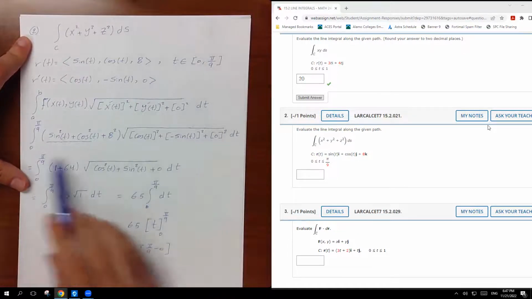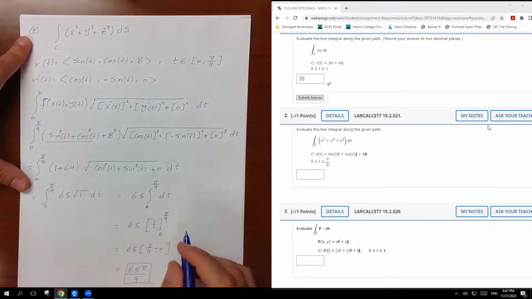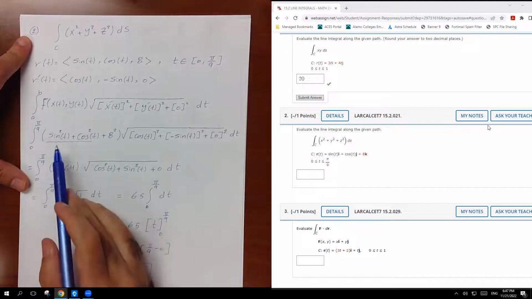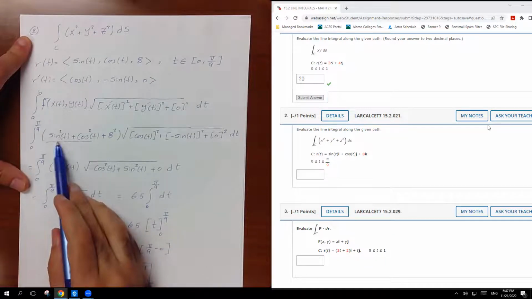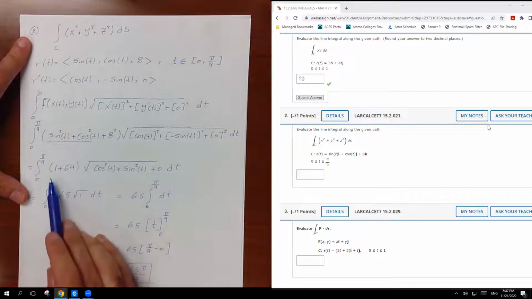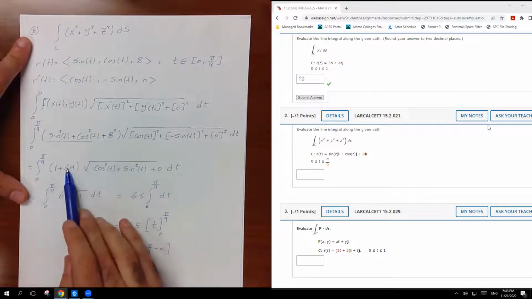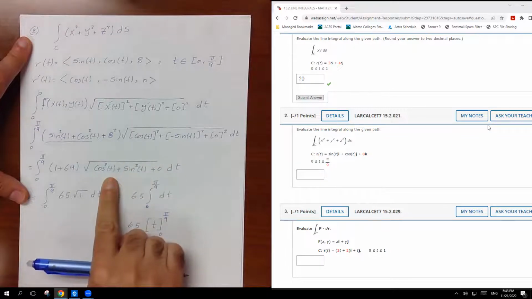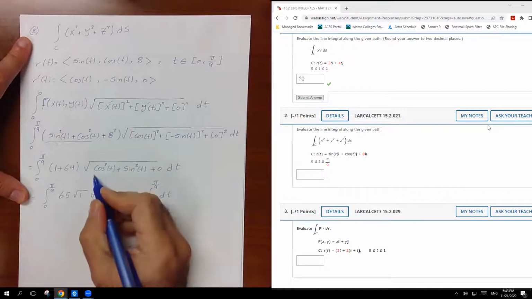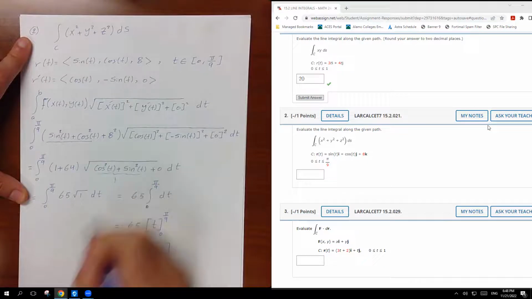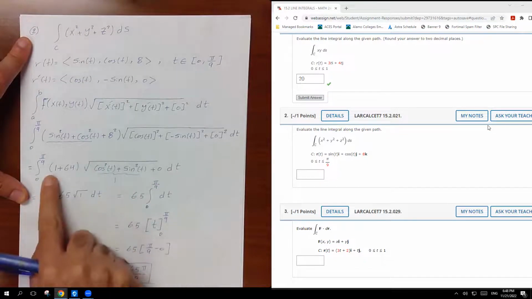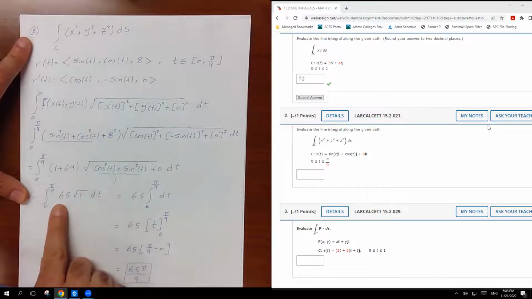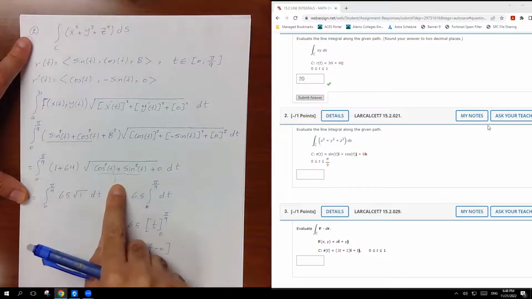Then now we're going to evaluate. Sine squared plus cosine squared is going to be 1, and this is 64. The same thing here, because this one is cosine squared t, sine squared of t, and everything here is going to be 1. So now this is 1 plus 64, which is 65, times the square root of 1 dt.